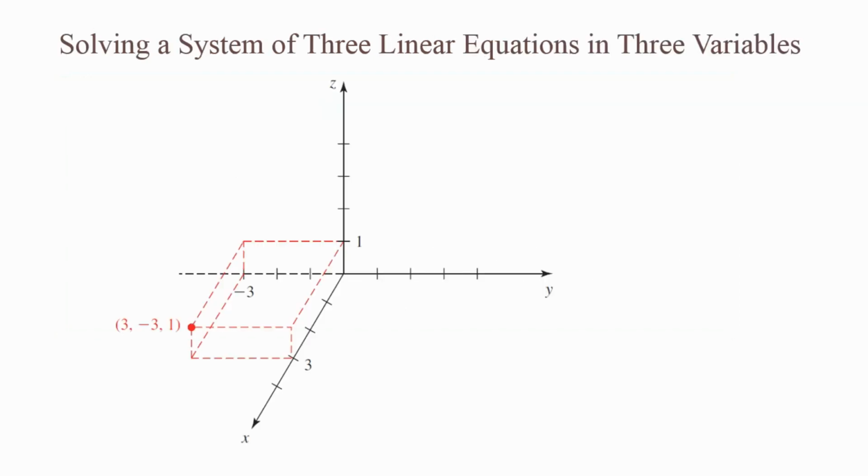Solving a system of three linear equations in three variables. When you have three variables x, y, and z, your solution is in three dimensions, like this point (3, -3, 1), where 3 is my x, -3 is my y, and 1 is my z.